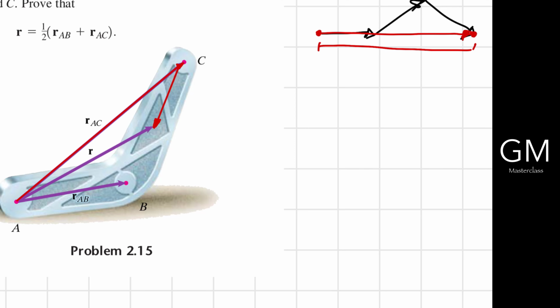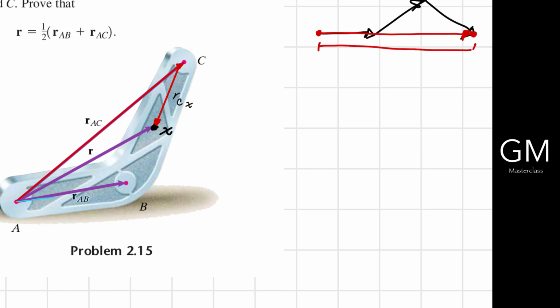As you can see, I can call this point, for example, X. I always call my unknowns X, but that's not the point. So as you can see right here, r_AC plus r_CX, I'm going to call this vector r_CX, is going to be equal to r, right?